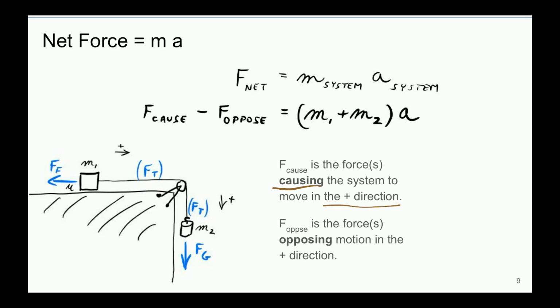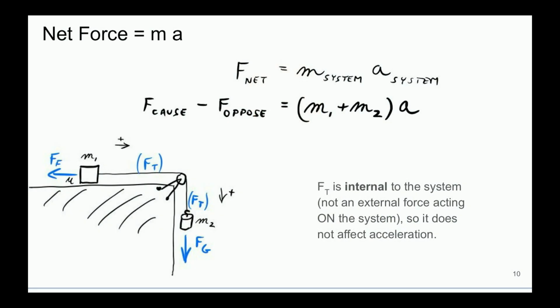In some problems, it's not going to be so obvious, and that's why I say you can choose that direction arbitrarily. If you had a table and a mass hanging from both ends with two pulleys, it might not be obvious when the problem is stated which way that system would move. And so you would just arbitrarily select a definition for plus in your coordinate system, and everything else will follow correctly. One of the things I like about physics, it always works out.